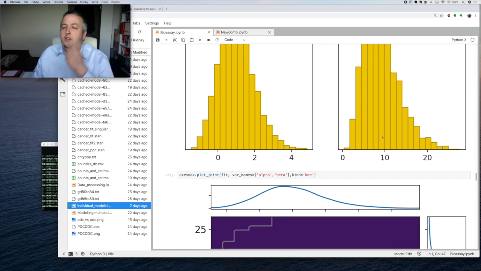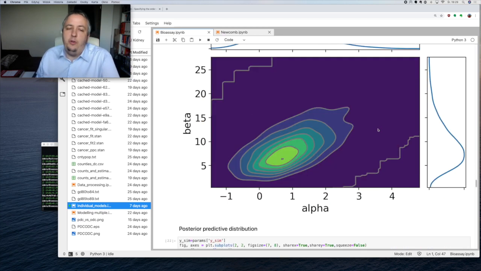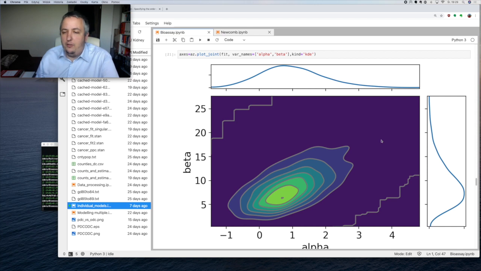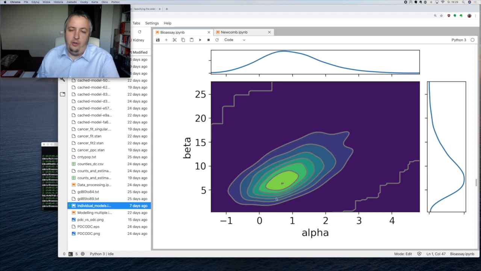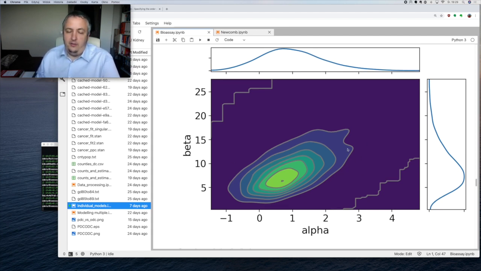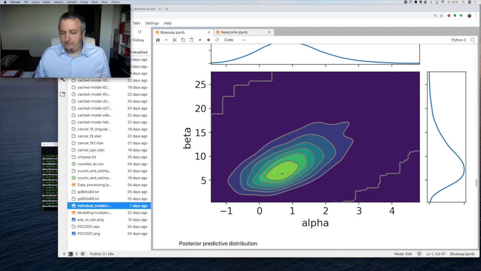And for comparison, we can use ArviZ, with a joint visualization of our posterior. This time we can see the marginal distributions with the KDEs and also the plot with KDE. KDE, that is kernel density estimator, is a method for estimating probability distributions with smooth curves.